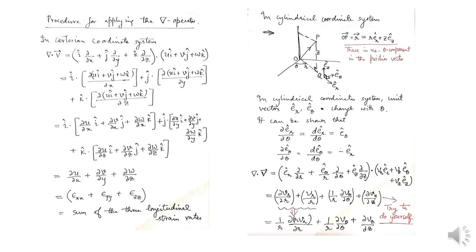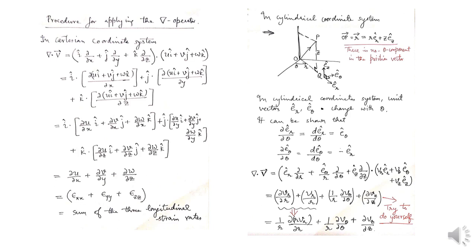I dot, then I am just writing down the partial derivatives, or rather simplifying it in terms of three terms. So notice that when I take the partial derivative del by del x of, let's say, u i cap, then I take the i cap outside the derivative. Why? Because the unit vectors i cap, j cap, k cap in the Cartesian system don't change if you change the coordinates.